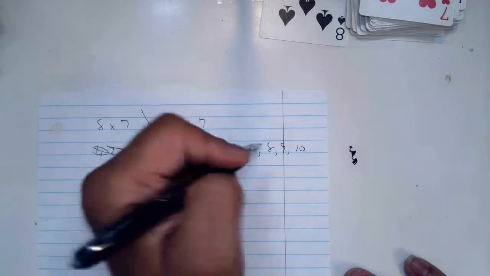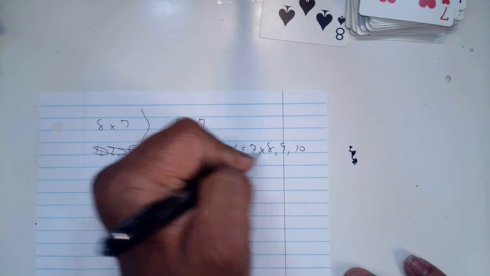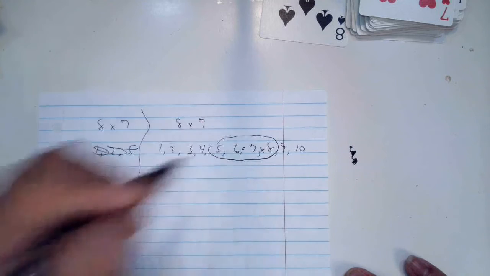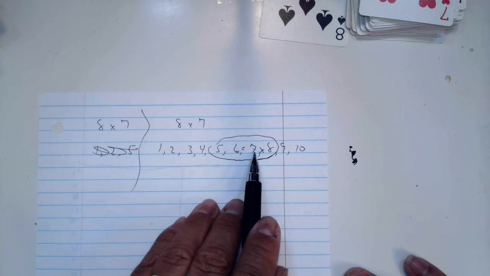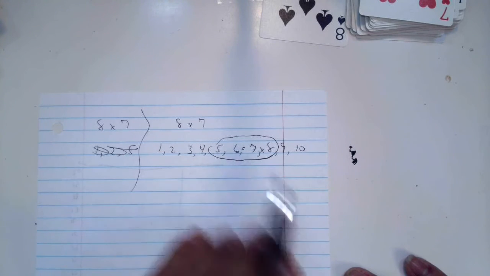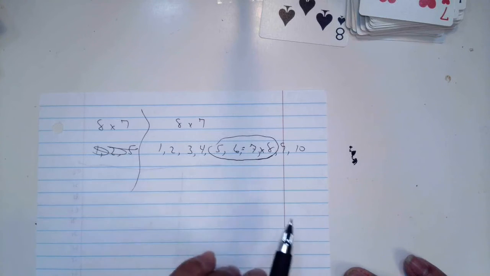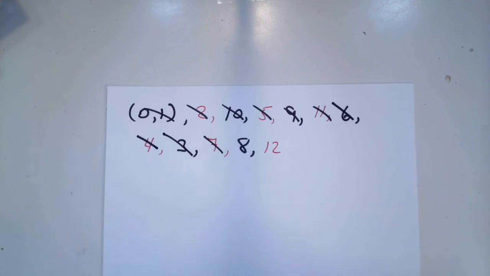Yes? Remember, it's right there. I know it's 8 times 7, but commutative property, switch it. 7 times 8, 56. Why? 5, 6, 7, 8. Okay? From there, 8. Voila. Finished.